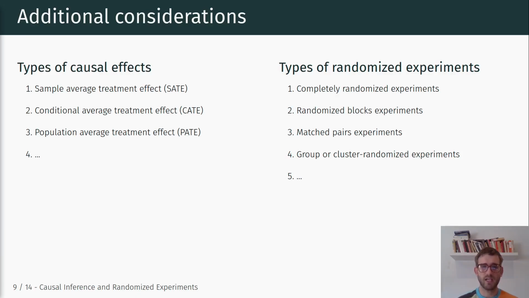Then sometimes we have what is called matched pairs experiments. Matched pairs experiments are special cases of randomized blocks experiments, where we just have two observations within each block. Basically, you're selecting pairs and then assigning one observation to the treatment group and one observation to the control group.